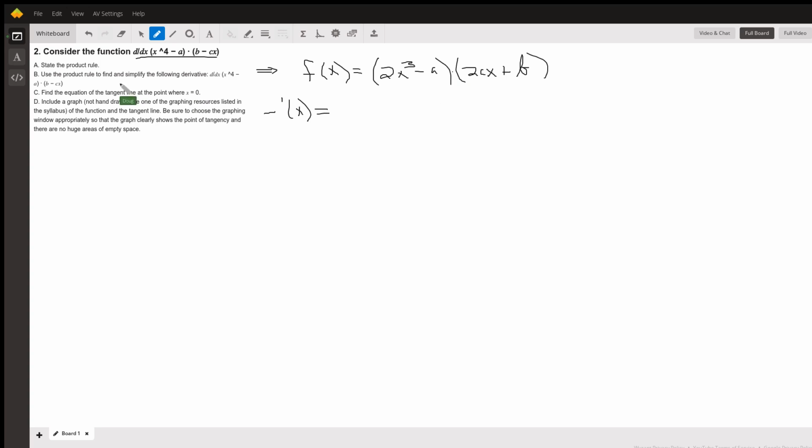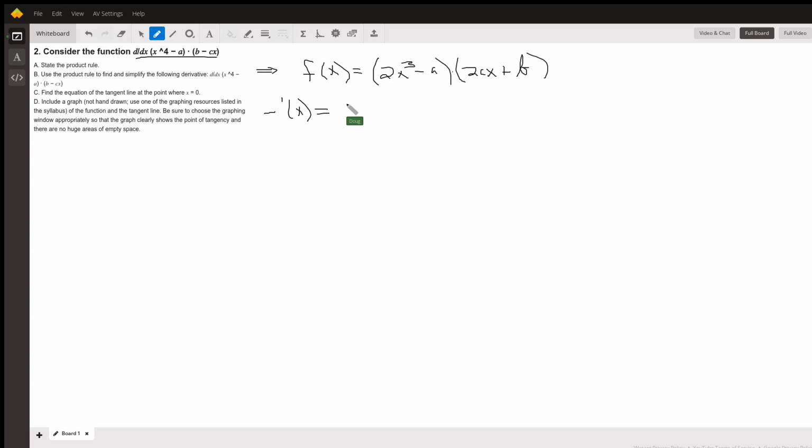It says state the product rule. I like to say the product rule is the first function times the derivative of the second plus the second function times the derivative of the first. Some textbooks and teachers say that in the opposite order, but here we go.